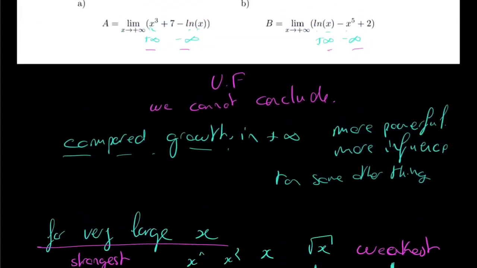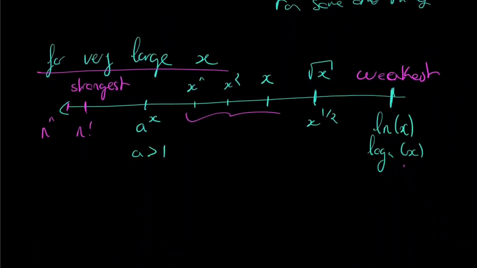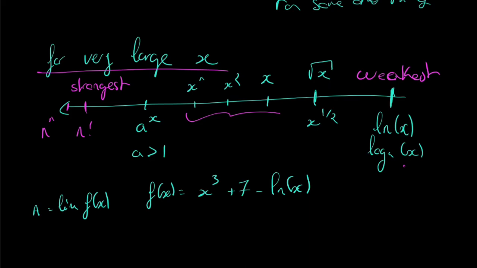We want to know the limit a, which is equal to the limit of f of x, where f of x is equal to x to the third plus 7 minus ln of x. Now what we want to do is to factorize by the strongest element in the function, because we have additions and subtractions.